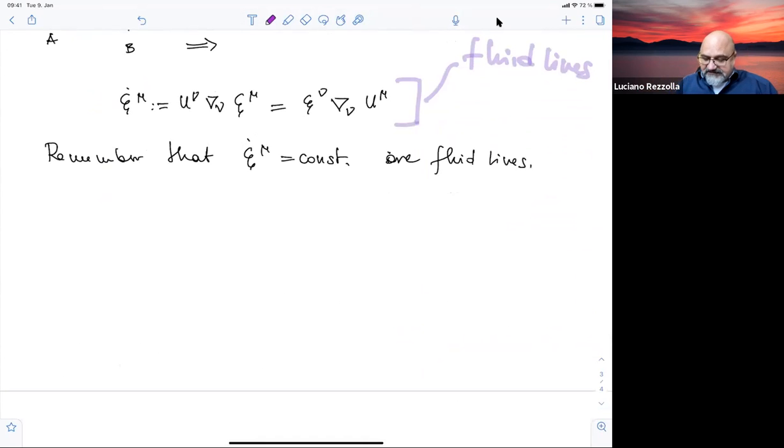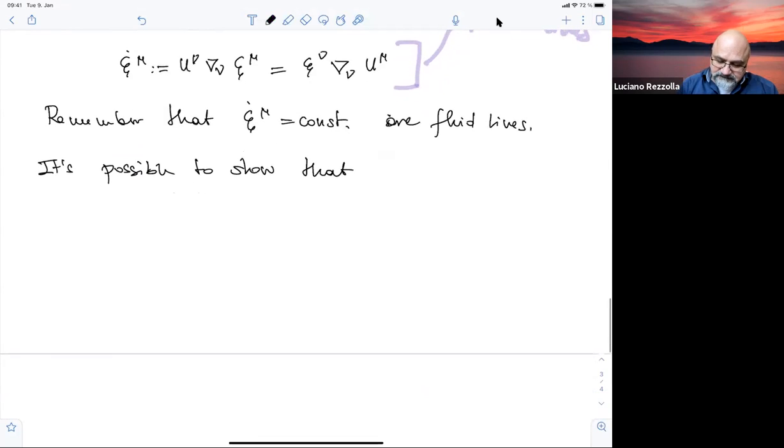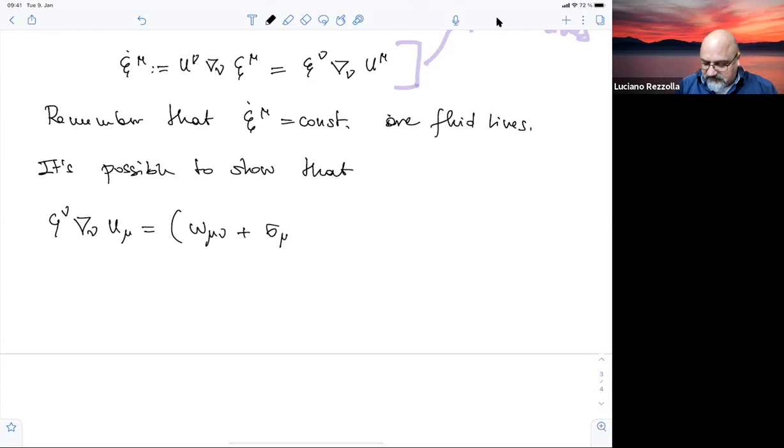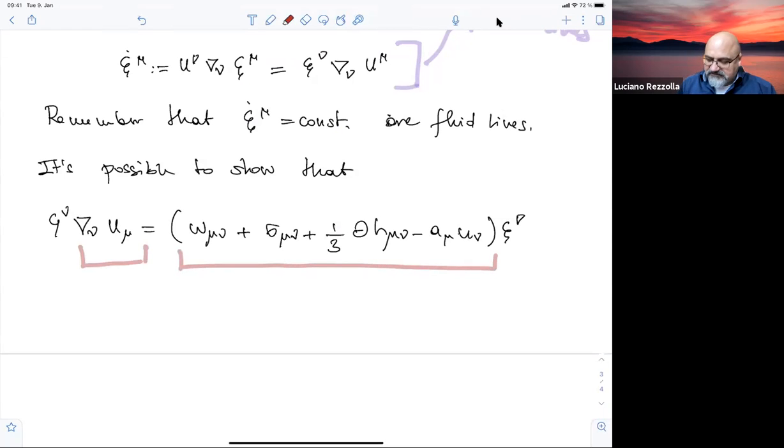A fluid line is the equivalent in the case of a fluid. And here is the important result that I was anticipating before. It's possible to show that the following is true: psi^nu nabla_nu U^mu is equal to omega^mu_nu plus sigma^mu_nu plus 1/3 theta h^mu_nu minus a^mu U_nu, all contracted with psi^nu. Or equivalently, we have decomposed this into this expression over here.